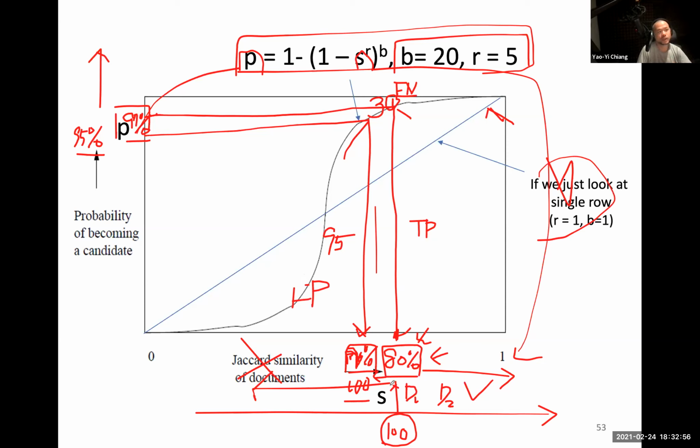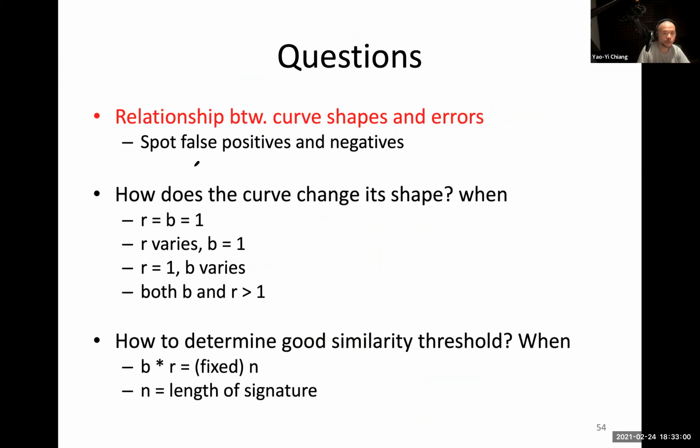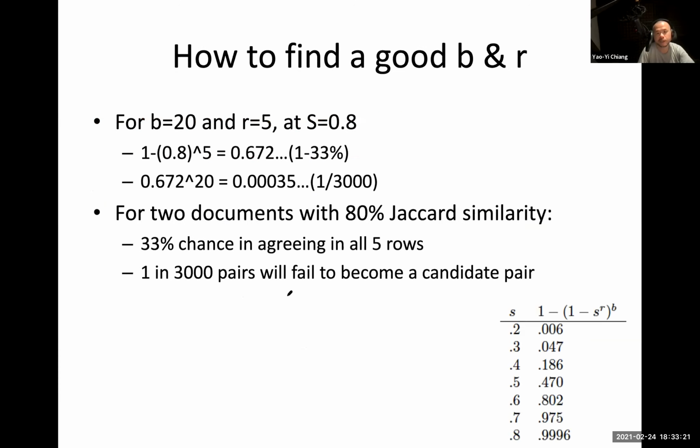But just given this, what we want to do is spot false positives and negatives on the chart, and understand how the curve changes its shape based on R and B changes, and how to determine a good similarity threshold. Sometimes it depends on your application, but let's start here.